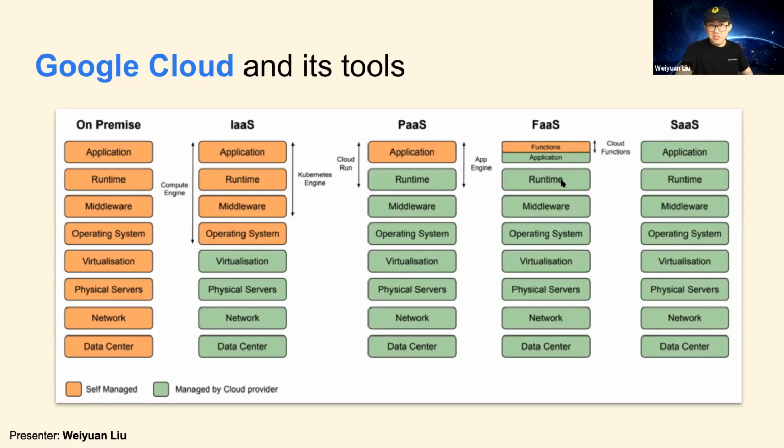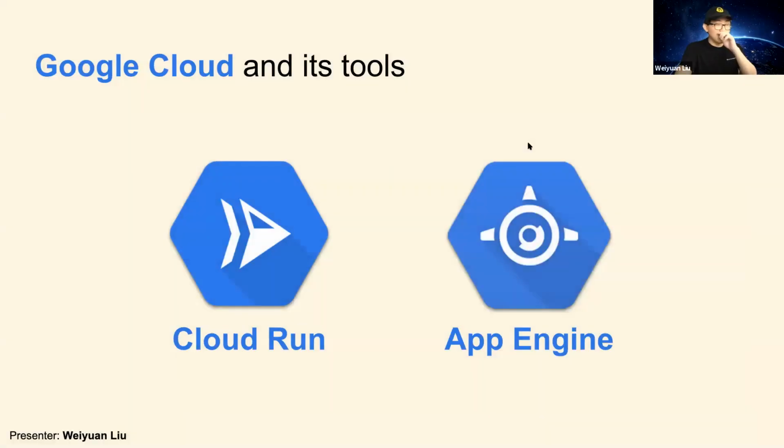Okay, so looking at this, we can immediately see that the latter 3 choices are our serverless solutions: Cloud Run, App Engine, and Cloud Functions. But for today's presentation, I'll be focusing more on Cloud Run and App Engine. For those who have not used GCP before, don't worry too much about the semantics behind all these different tools.